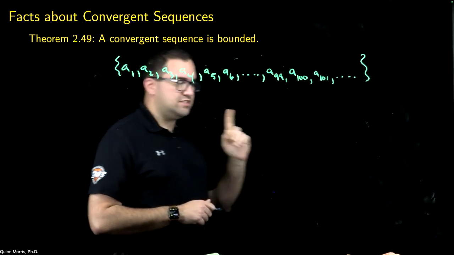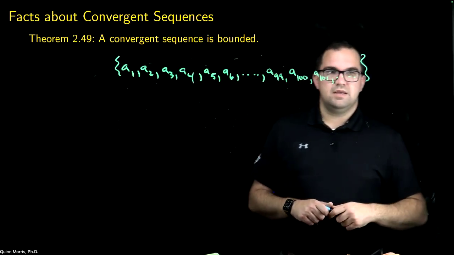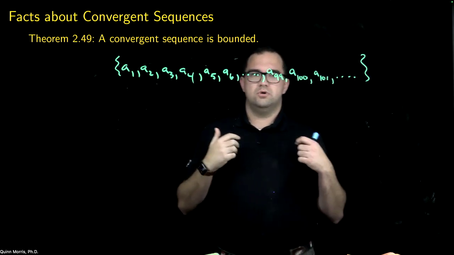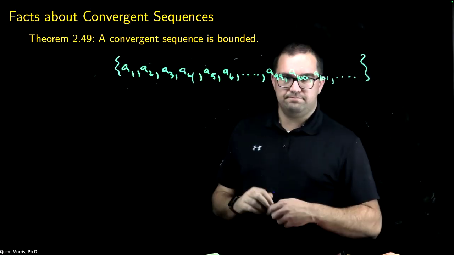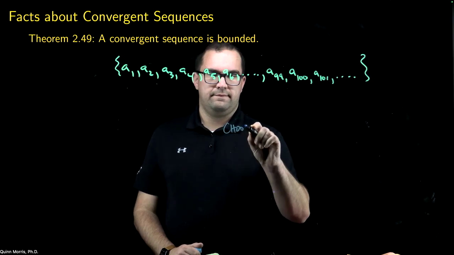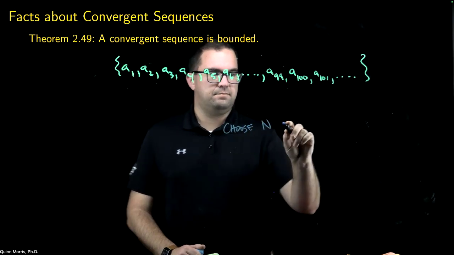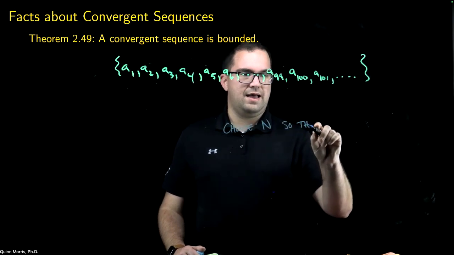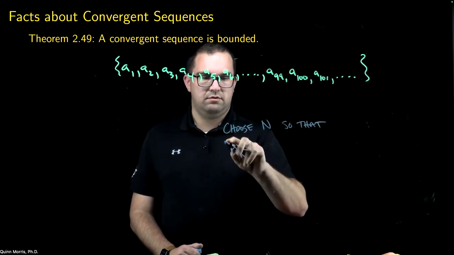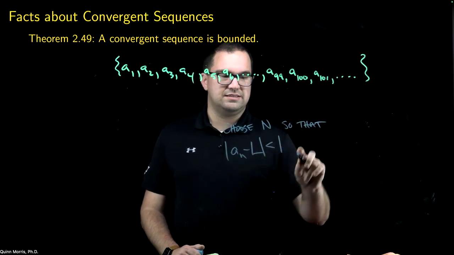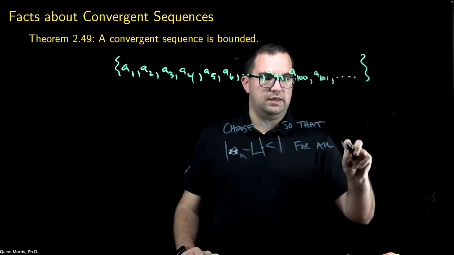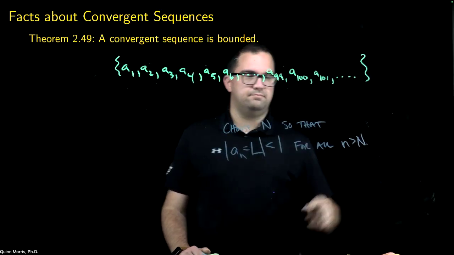The idea is if your sequence is convergent, then you can get all of your sequence values as close to the limit value as you would like. So I can choose capital N so that the absolute value of A_n minus L is less than 1 for all little n greater than capital N.